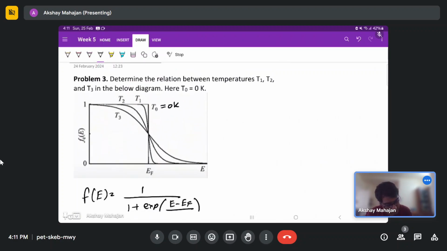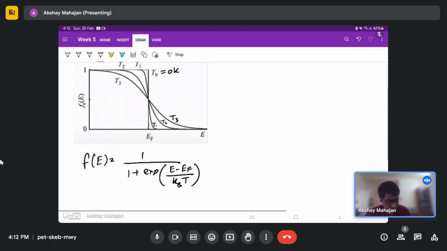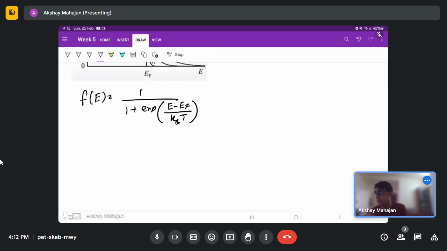This will be T1, this will be T2, and this will be T3. It is not mentioned here, but it will be like this. So the T1 curve is going like this, the T2 curve is going like this, and the T3 curve is going like this, and we need to find the relation between these temperatures T1, T2 and T3 based on this diagram.